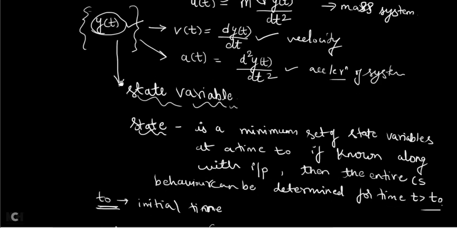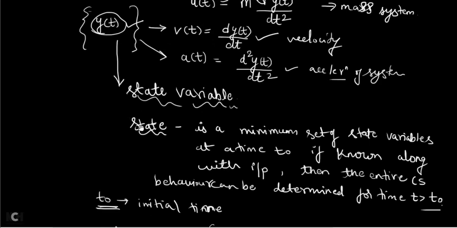That means if you know a state variable value at a particular time t naught, by using that and the input variable you can calculate other parameters like velocity and acceleration. And not only velocity and acceleration, you can calculate anything about the system. That is called the behavior of the system. So by knowing this state variable at one particular time t0, you can calculate the behavior of the system in the future. That is called a state.